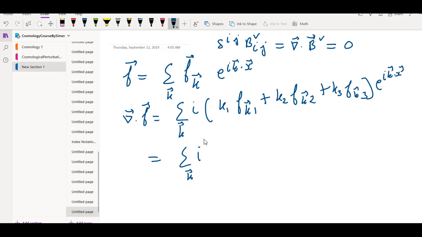You can say this becomes k dot F_k e^{ikx}, and this is equal to 0.